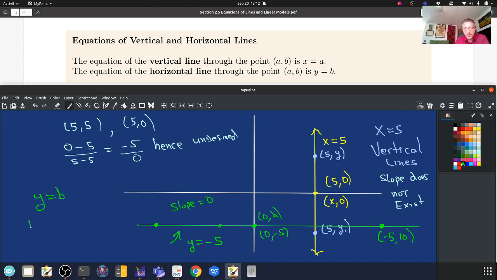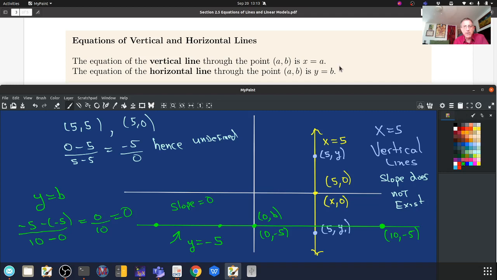So the slope would be minus 5 minus minus 5 over 10 minus 0, which is equal to 0 over 10, which is equal to 0. So this would be 10 for the x value. The y value is constant. It's always minus 5.